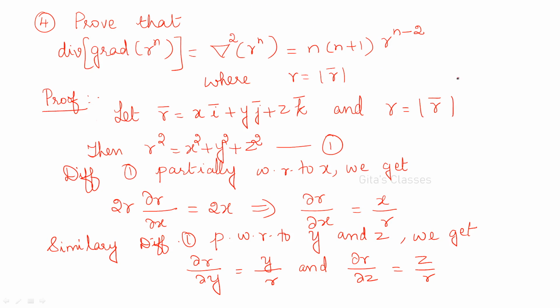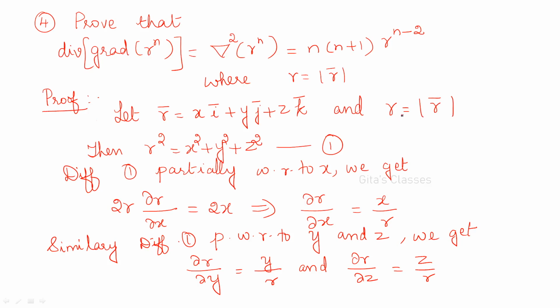Always remember, r is the position vector of any point P(x, y, z). That is always r bar, r vector is xi plus yj plus zk, and the modulus of r vector is r.